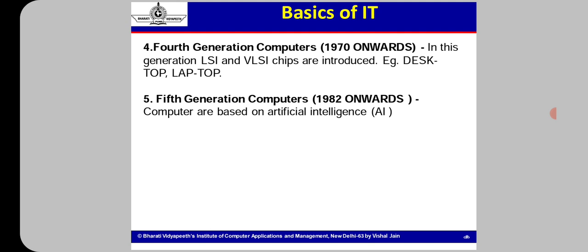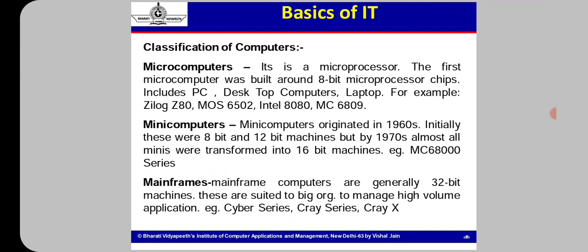So the fifth generation computers start from 1982 and run till date. Generally these computers are built with a concept called artificial intelligence or AI. So in fifth generation computers, artificial intelligence is introduced for building various computers.